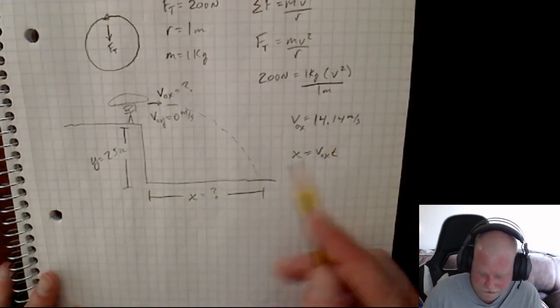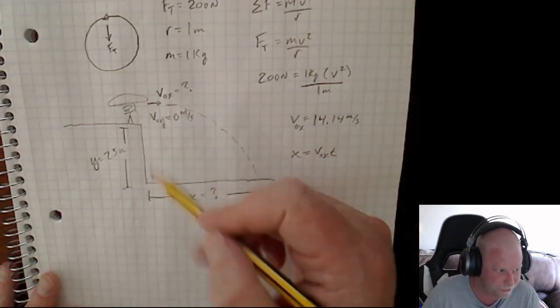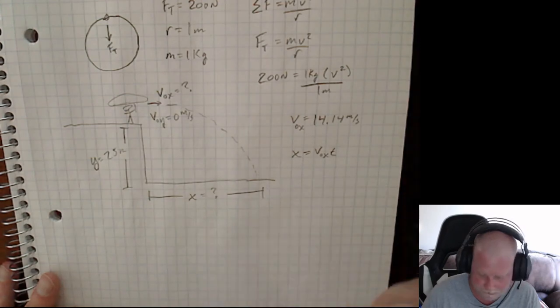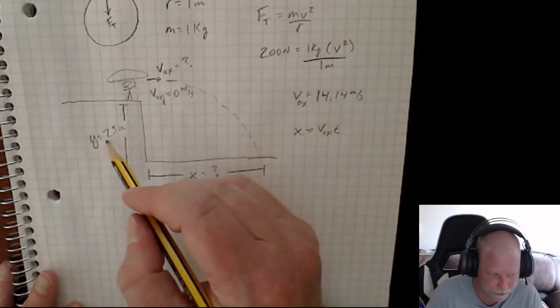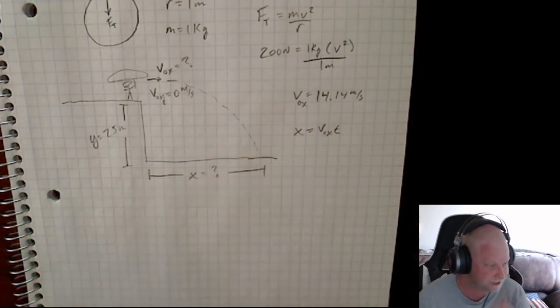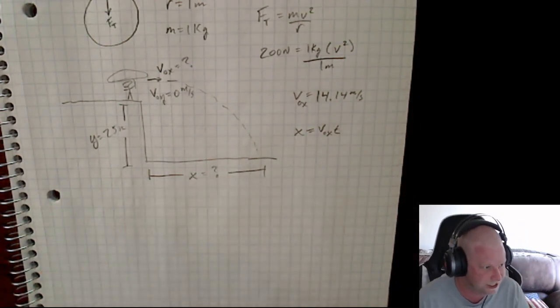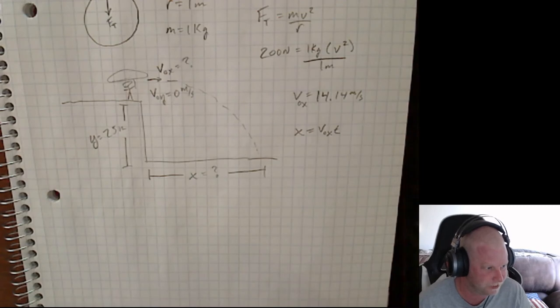Now, we don't have enough info in the horizontal to figure that out, but we can use the vertical dimension to figure that out. So we know initial vertical velocity, we know y, we know the acceleration in the vertical is g, 9.8 meters per second squared. So we just want to look through our kinematic equations to figure out which one would give us time.